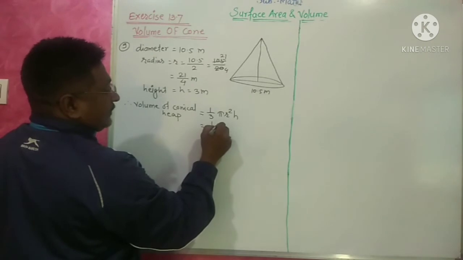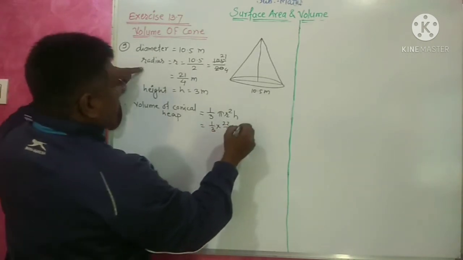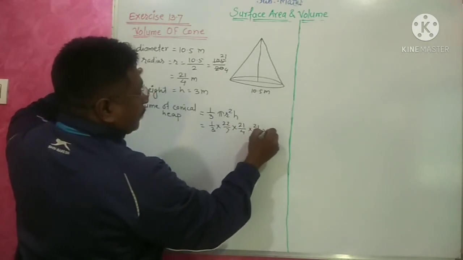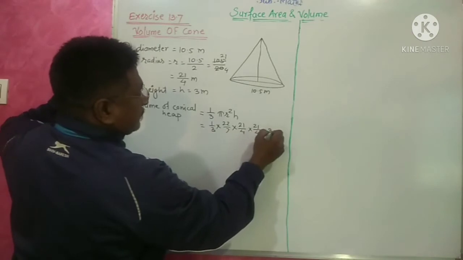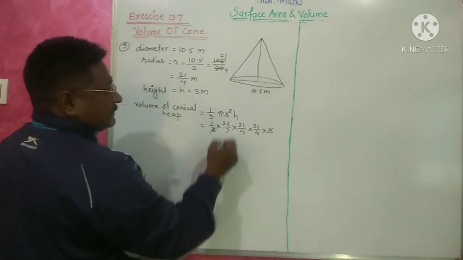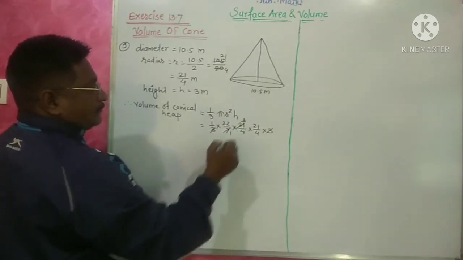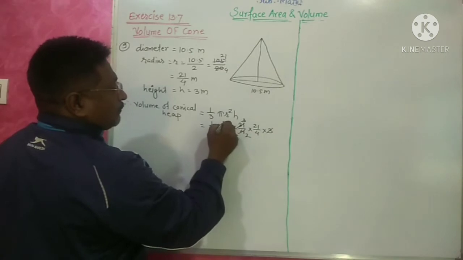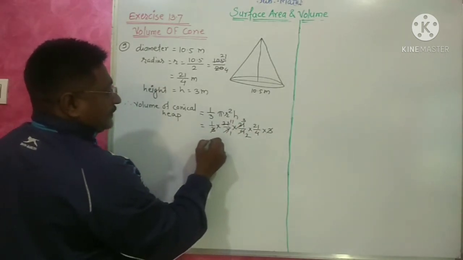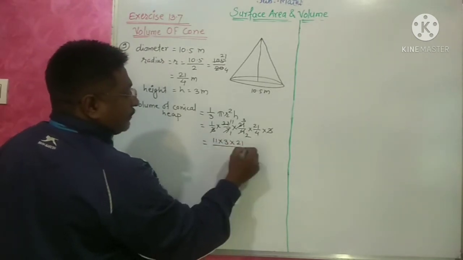So 1 by 3, 22 by 7. R is 21 by 4 into 21 by 4. Height is 3. Okay. These 3 cancelled. 7 3s are 21. 2 2s are 4. 2 11s are 22. So what will we get? 11 into 3 into 21 by 8.